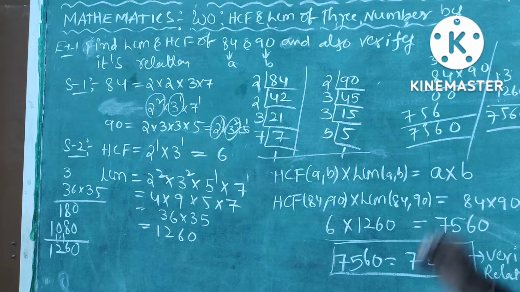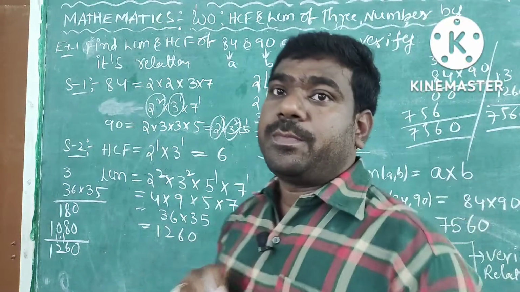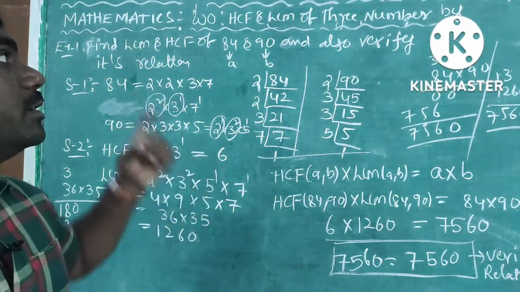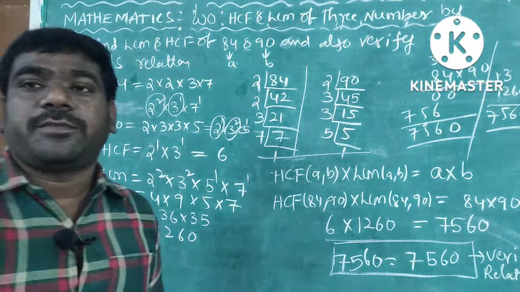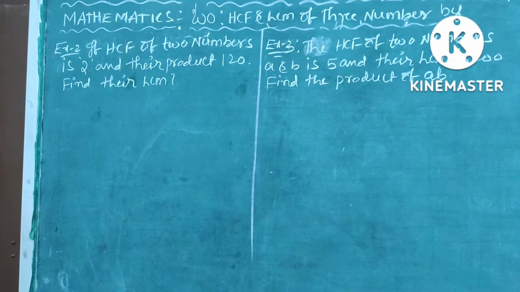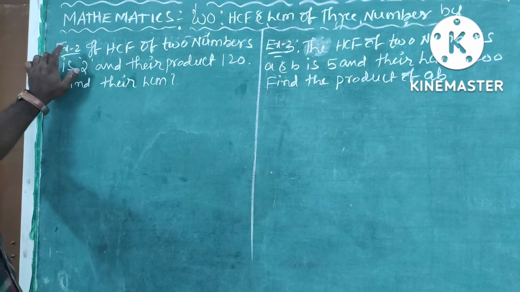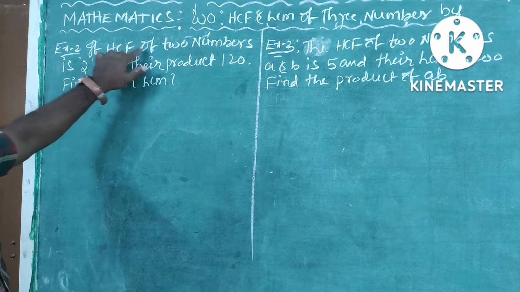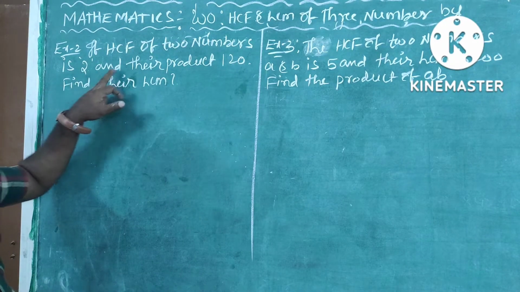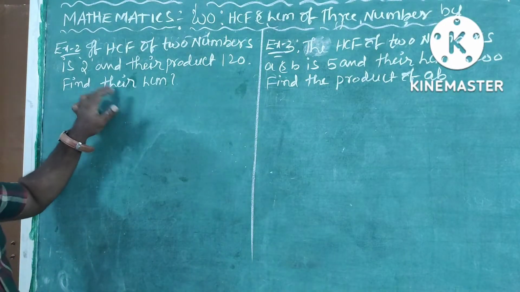Understand here? This is the answer to the question. I hope you understood the first application based on the relation of HCF and LCM of numbers. Next applications: the second one is, if the HCF of two numbers is 2 and their product is 120, find their LCM.